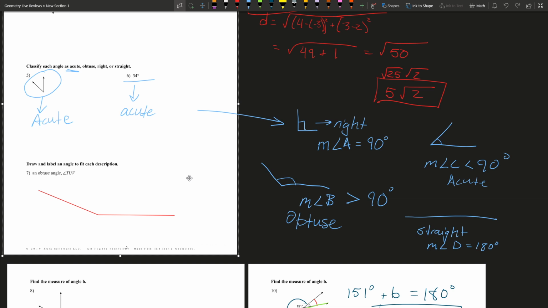Then we label this as TUV. U, the middle letter, has to be the vertex, so this point has to be U. Normally I just go left to right, so we label this T and this V. So this angle is an obtuse angle and it is TUV.